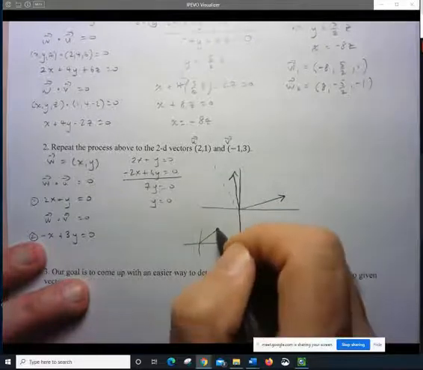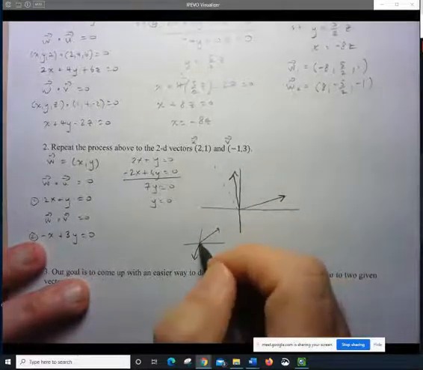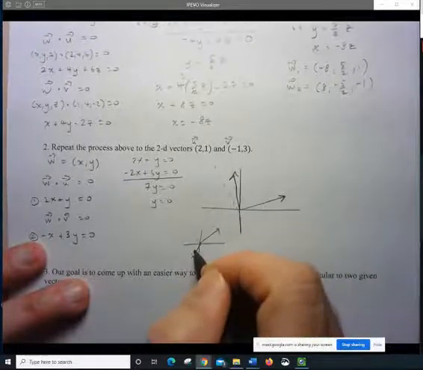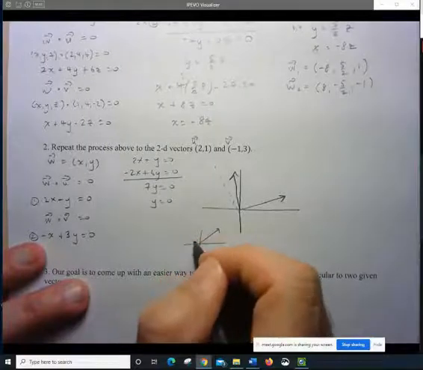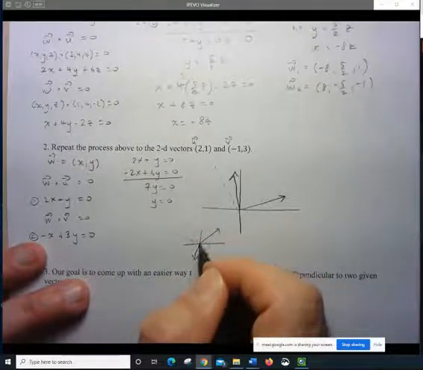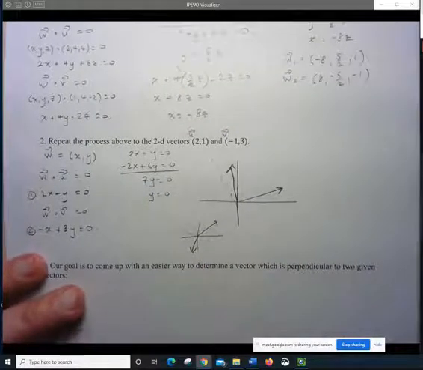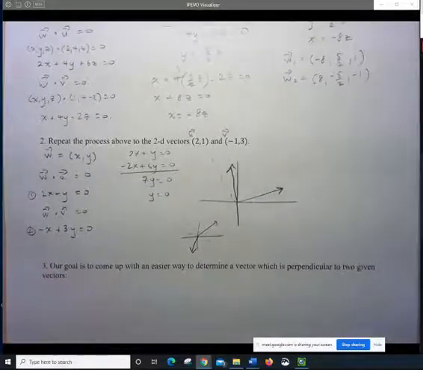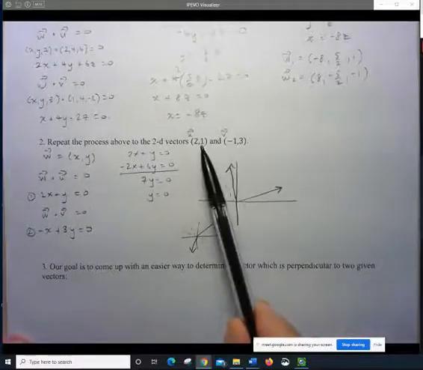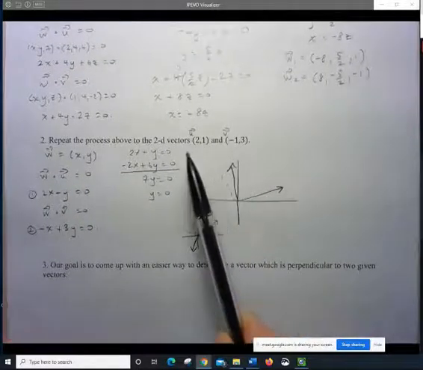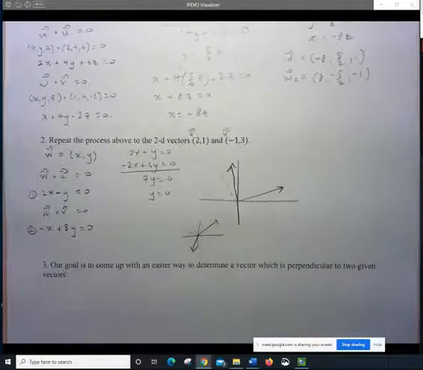Let's pick maybe two that look like this. If I find a vector that's perpendicular to one vector, there's no way it can be perpendicular to the other. Same thing here. If I find a vector that's perpendicular to this one, there's no way it's going to be perpendicular to the other. And all of a sudden, you realize that this idea of finding a third vector which is perpendicular to two given vectors is not a reasonable question to ask in 2 dimensions.